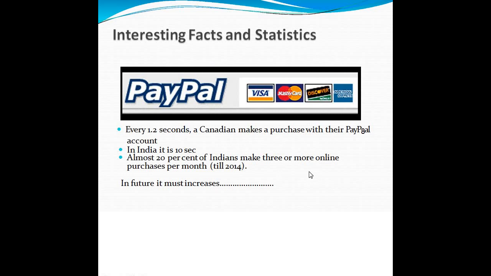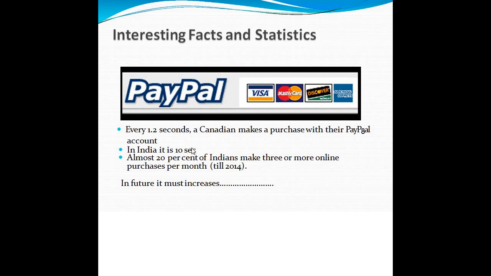Now, interesting facts and statistics. Every 1.2 seconds, a Canadian makes a purchase with their payroll accounts. In India, it is every 10 seconds, and almost 20 percent of Indians make three or more online purchases per month, as of 2017.